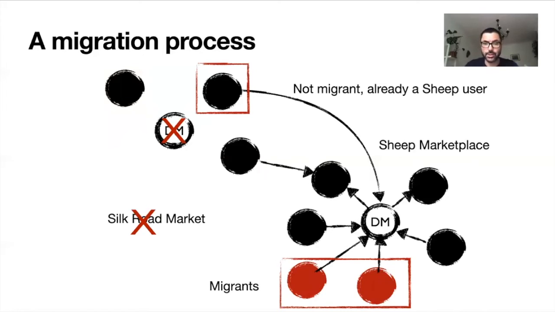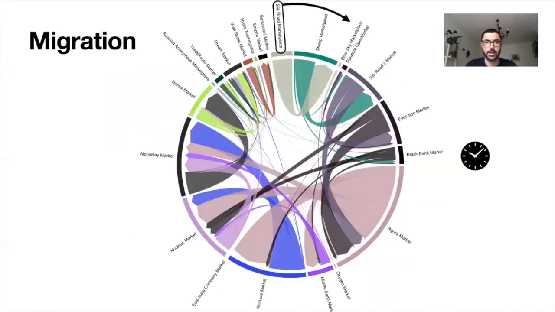So migrants are nodes that started interacting with the second new marketplace for the first time after the closure of the previous one. They were customers too. And this is the timeline of closures, to be read in clockwise direction. You have Silk Road Marketplace, and the arrows indicate fluxes of users.